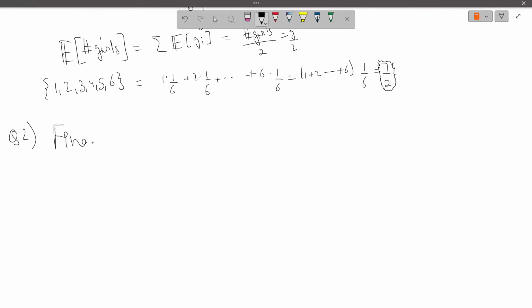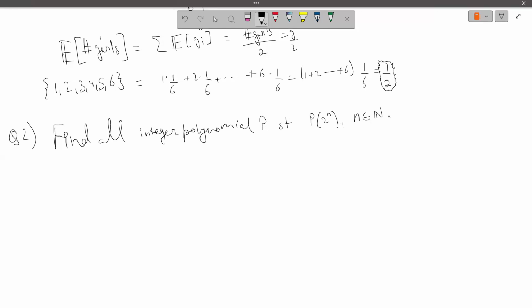So find all integer polynomials p such that you consider the numbers of the form p of 2 to the n, n belonging to the naturals.